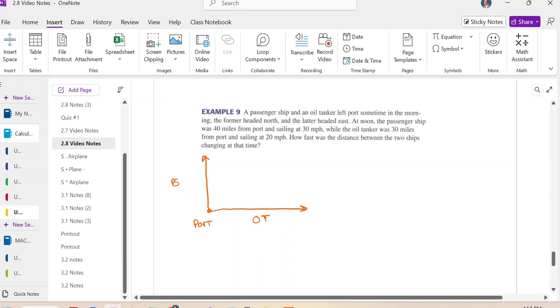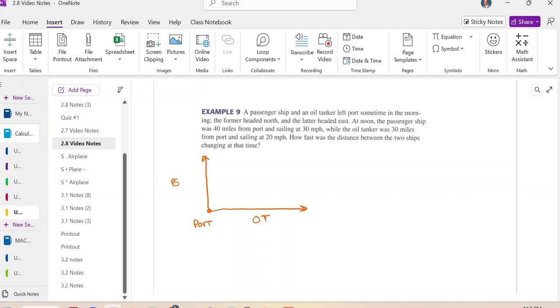At noon, the passenger ship was 40 miles from the port and sailing at 30 miles per hour, while the oil tanker was 30 miles from port, sailing at 20 miles per hour. How fast was the distance between the two ships, which we'll call s, changing at that time? So our goal here is to find ds/dt.